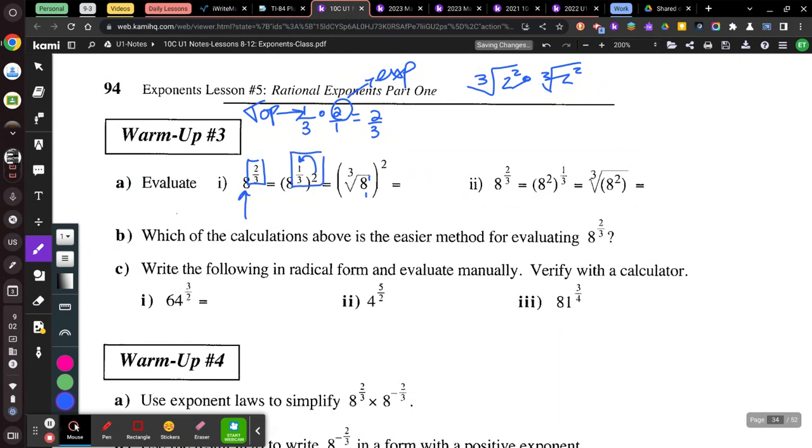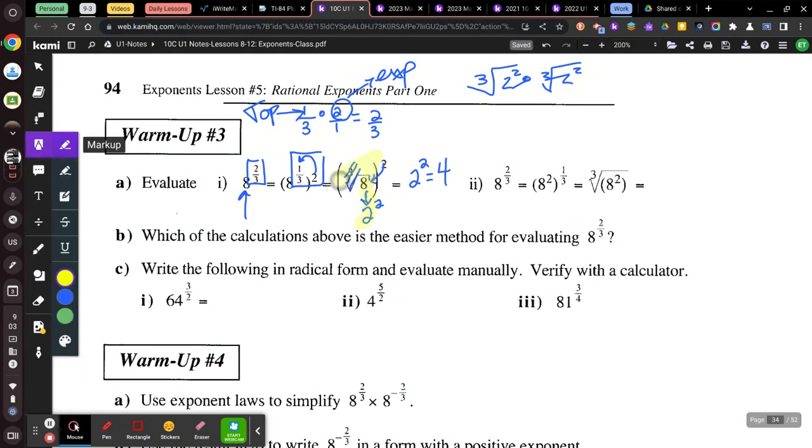I'll box it again. And when you do that, what it's showing us is the top number there ends up being the answer because the bottom number ends up being the index. So I forget about that number. My 2 is going to multiply to my 8, and I take my cube root of 8, which is 2, and now I square it, which is 4. So let's just redo that real quick.